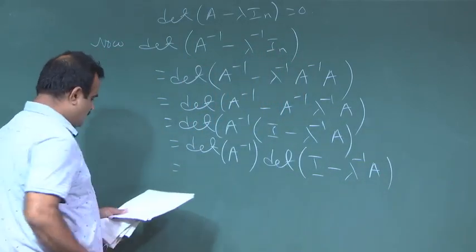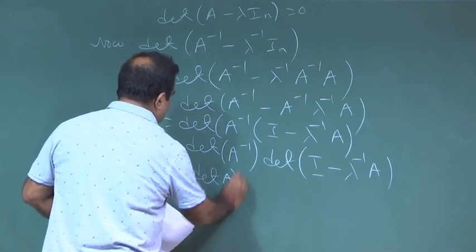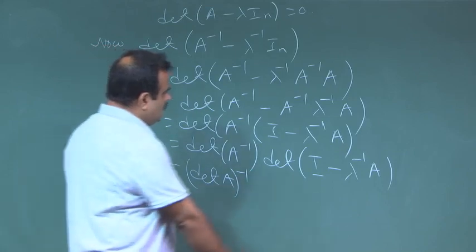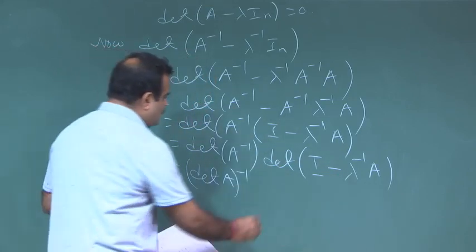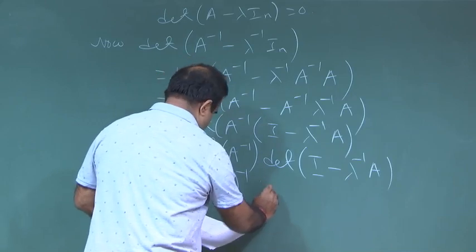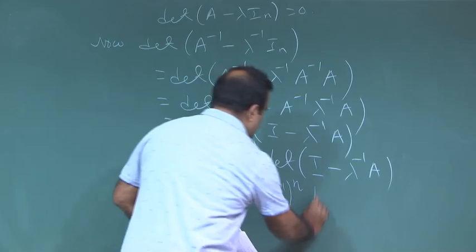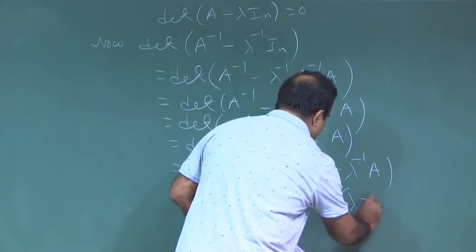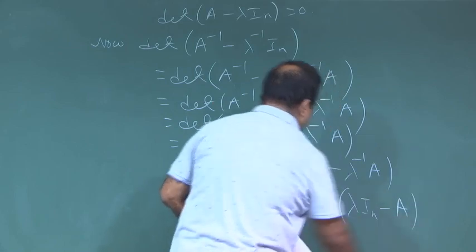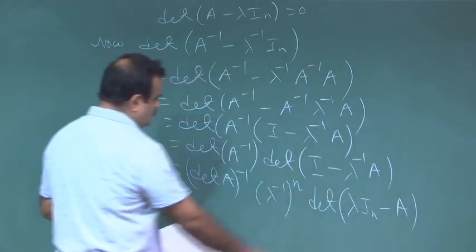So, this is nothing but det of A inverse, and we can take this lambda inverse common n times. So, this is lambda inverse to the n, and determinant of lambda I_n minus A. Now, again we can take minus common over here.